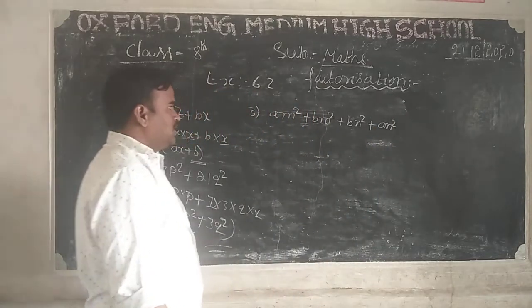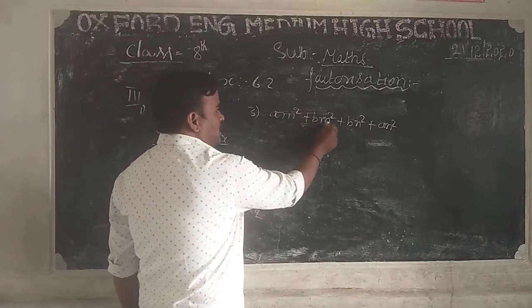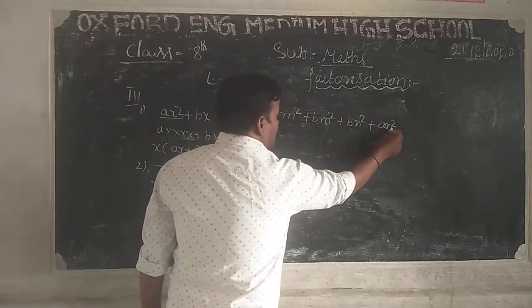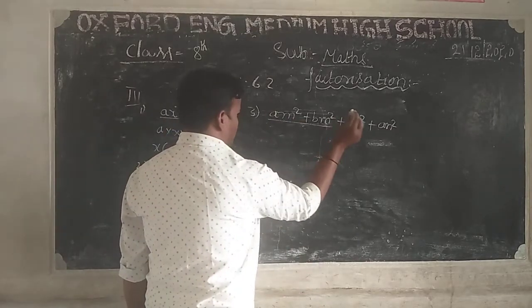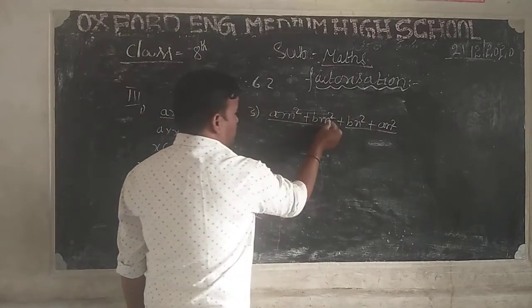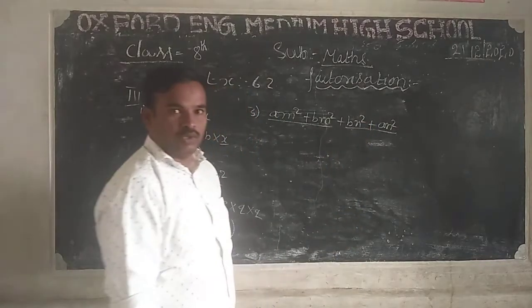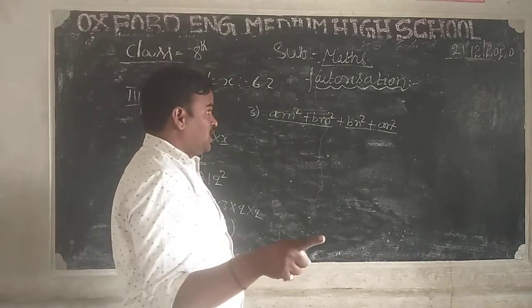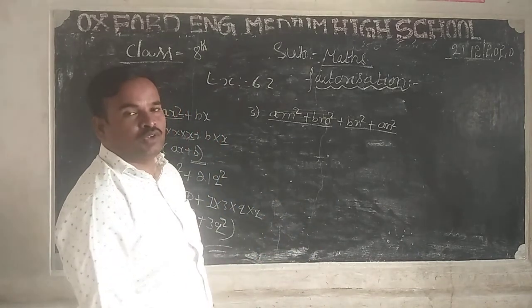Look at this, students. First we make groups. This is the m square common factor group and this is the n square common factor group. When you make the grouping, after that you take the common factor in both the two groups.